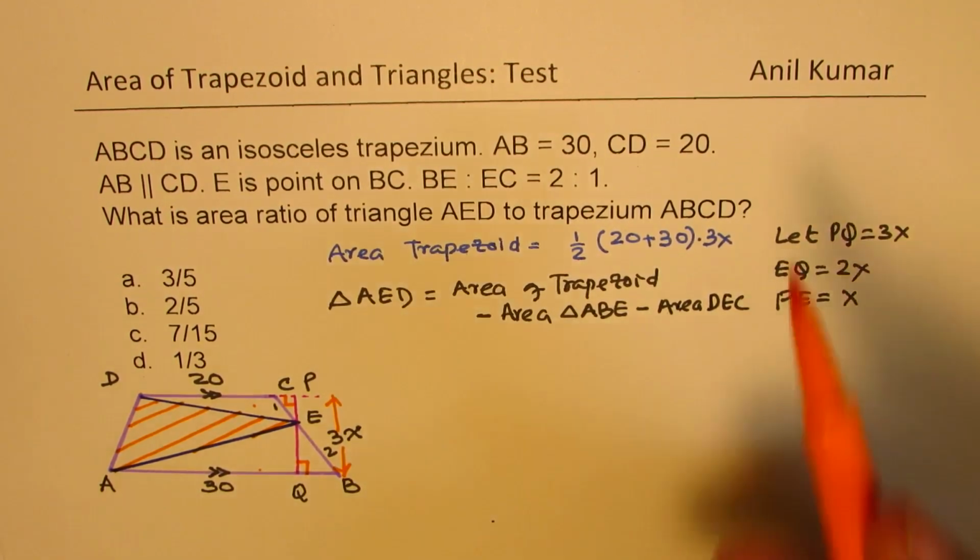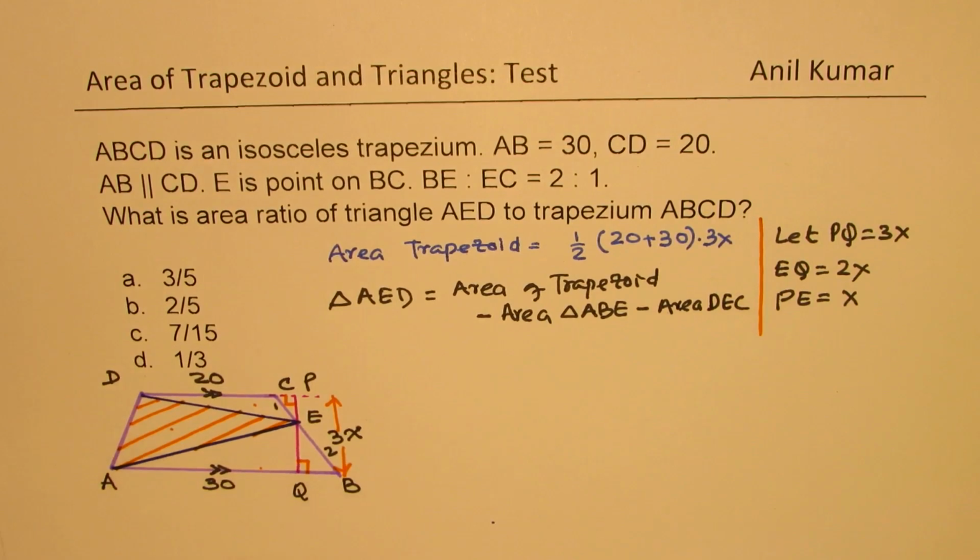Does that make sense to you? Then we get the area of the triangle of our interest. Okay, so that is how we are going to get this area.